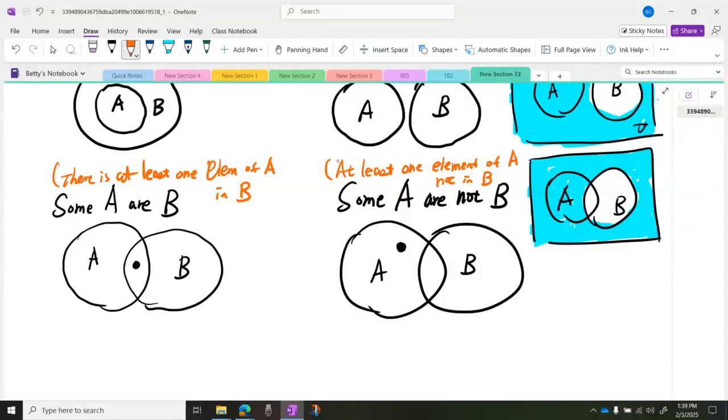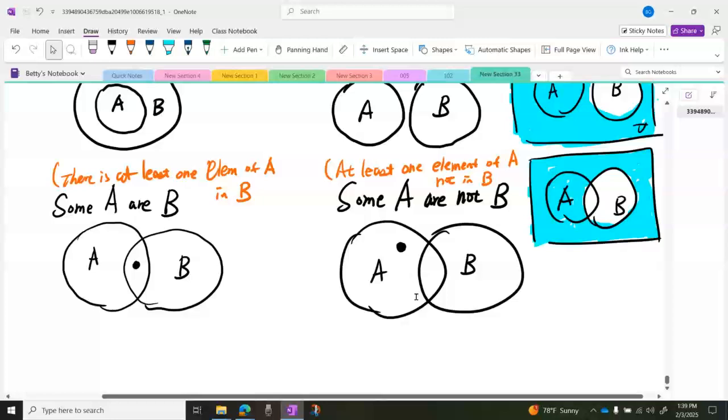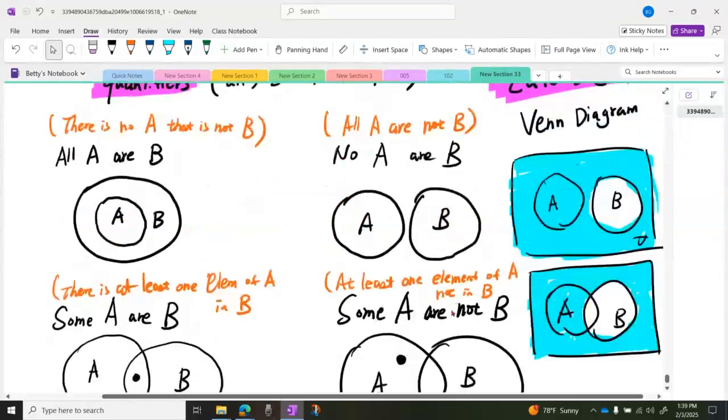For example, we want to say some women are not teachers. Maybe they are lawyers, maybe they are housewives, maybe they are drivers, nurses. So for example, Emma can be the one woman who is not a teacher. So we just need to get one.